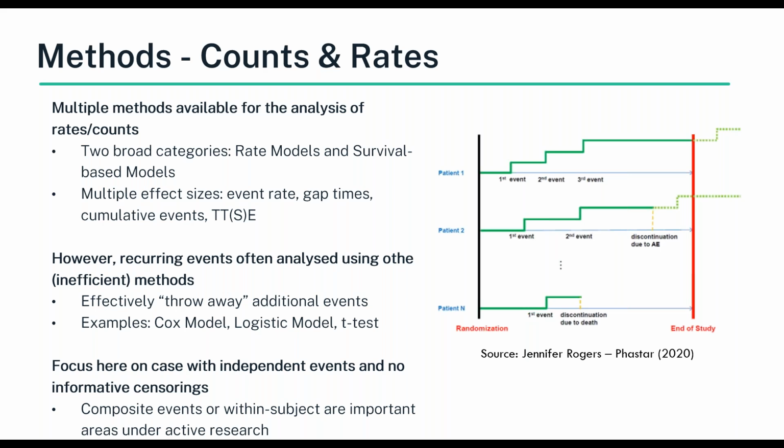Then we have our survival-based models, and these tend to be more flexible and are essentially just extending your classical time to event model from just being interested in the time to the first event, which obviously classically would have been death, to consider the time until the next event, and so on and so forth. So there are multiple different ways to frame this issue.